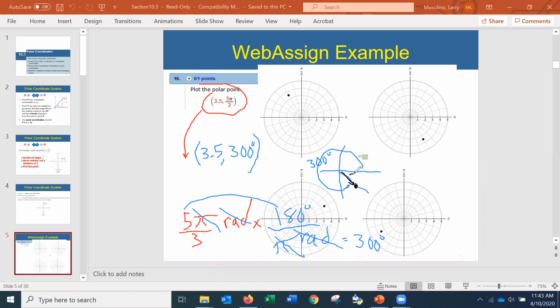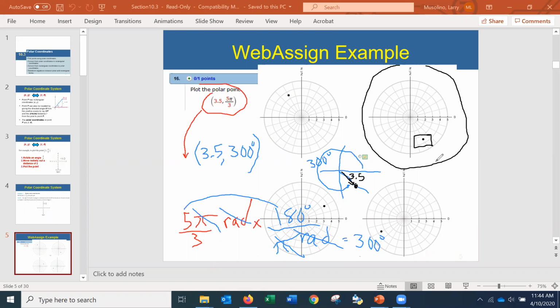So this black line that I just drew is a distance of 3.5. If you compare my diagram to the 4 choices, you can see there's only one answer that is feasible here. It's got to be this upper right corner diagram. It's the only plot that has a black dot down in the vicinity of 300 degrees.